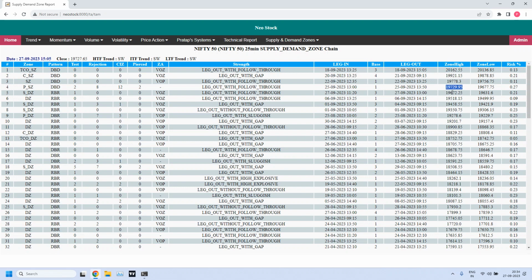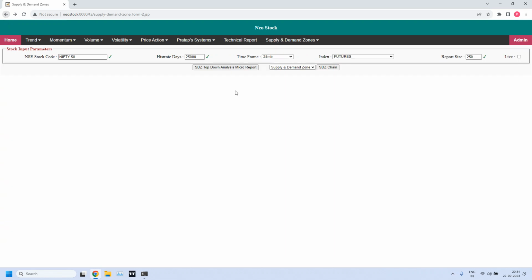Okay, now let's go back to 15 minutes and we will see just above this 19,730 if there is any supply zone that is acting as a bull trap. Changing the time frame to 15 minutes, generating the supply demand zone chain.